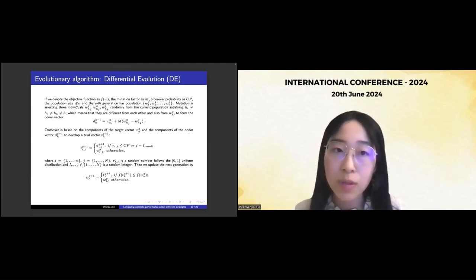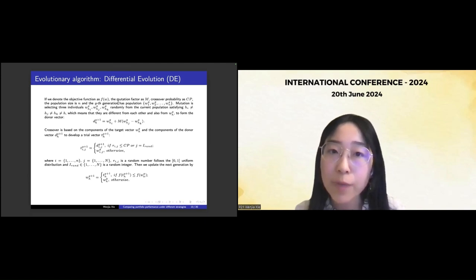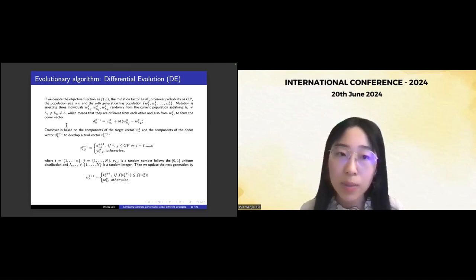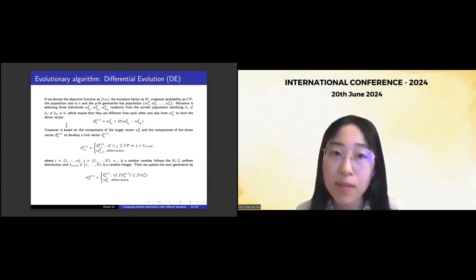We denote the objective function as f, the mutation factor as m, the crossover probability as cp, the population size as n, and the jth generation has population.